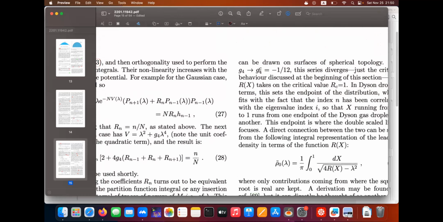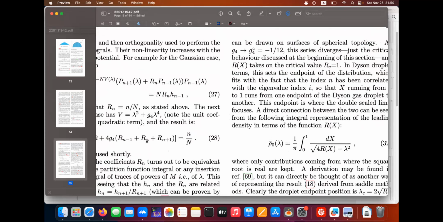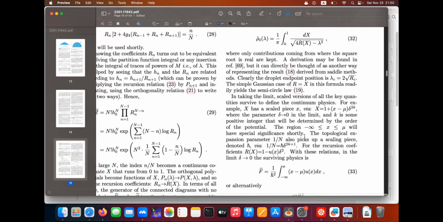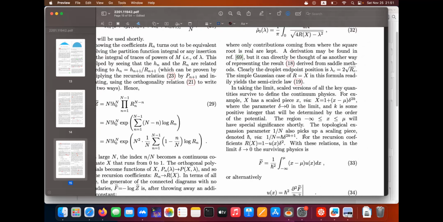So then it's quite easy to calculate Rn. For the leading case, you just take n to infinity, Rn goes to R(x), and then you can solve it. But what we want to do is zoom in to the double scaling limit. So we just take care of the distribution that's very near to the edge.